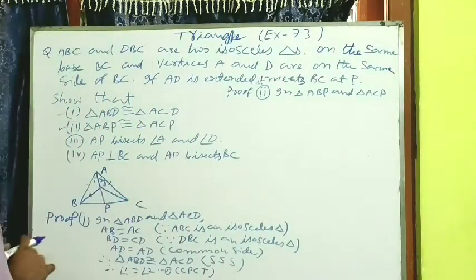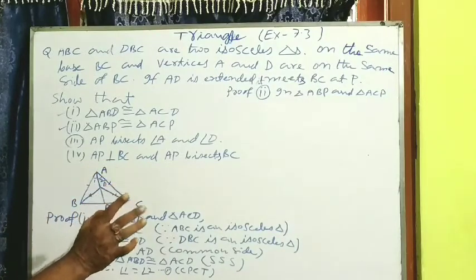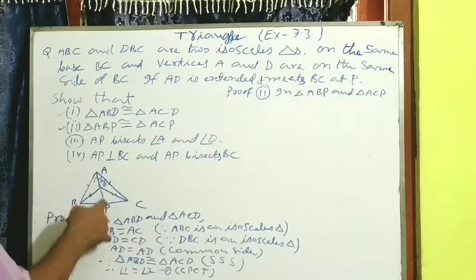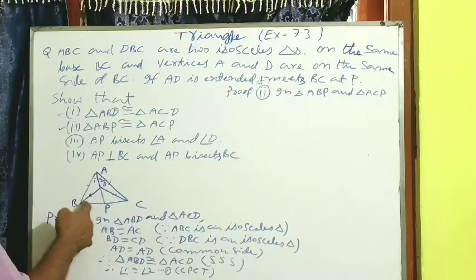You see, what are the two things equal? AB is equal to AC, already proved. Angle 1 is equal to angle 2 from equation 1, and AP is equal to AP, common side. So these two triangles, ABP and ACP, will be congruent.